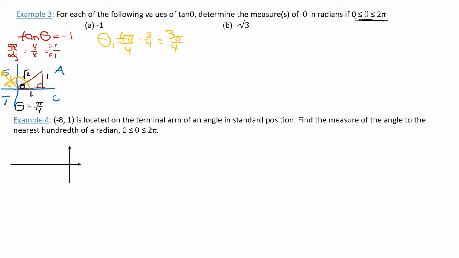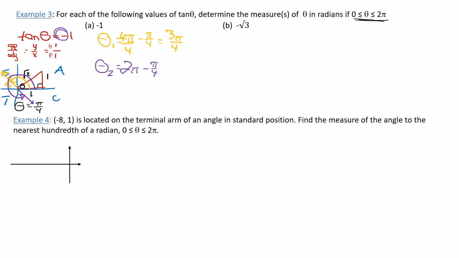Theta 2, so remember we want tan to be negative. It's got to be negative down here. So I'm going to draw another terminal arm. This terminal arm is coming all the way around here. So that's theta 2. If we continued all the way back to the x-axis, we'd be at 2 pi, but we are pi over 4 short of that.